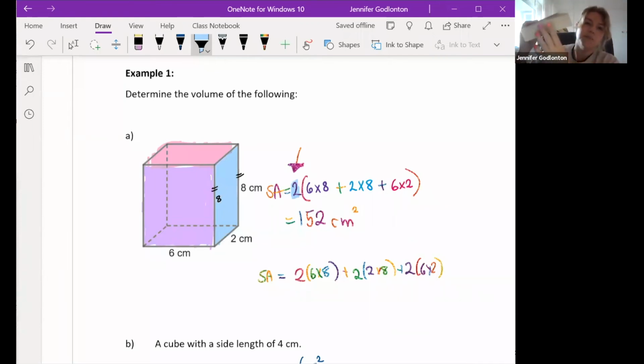So the reason we times it by 2 is because they are double of each of them. If this was my 6 times 8, then this would also be my 6 times 8. If this was my 2 times 8, then this is also my 2 times 8. So basically we're working out 3 areas and then we're just timesing them by 2 to get our full book or our full rectangular prism. Hopefully that makes a bit more sense.